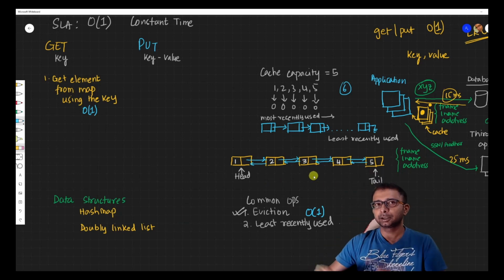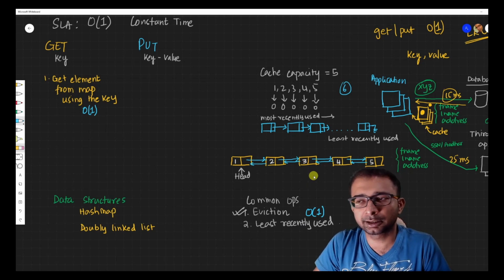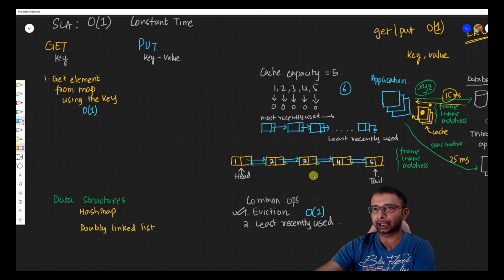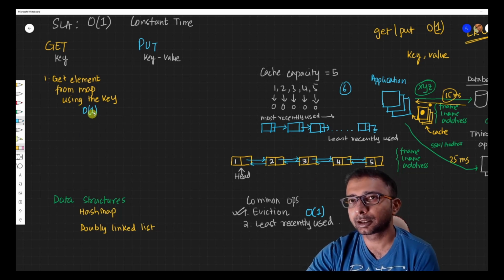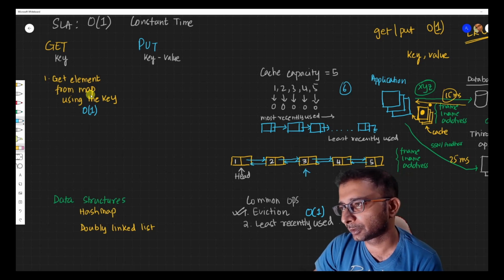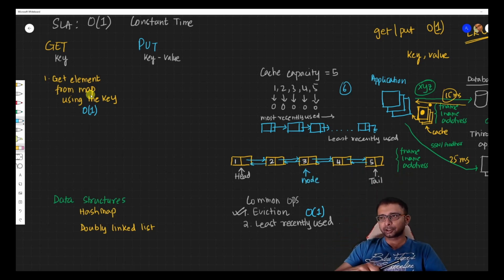Now let's see, this is the condition of our list. So we have seen how we are going to take insertion into account. Now let's understand how we are going to deal with the recently used list. So you want to get the element with the key 3. I will get it from the map, and let's say this is my node over here. You have accessed it, I have returned it to you, but now I have to update the same in my list.